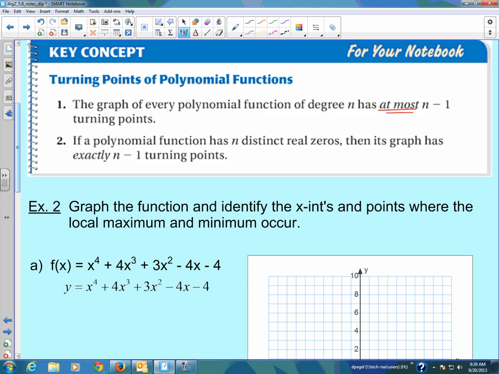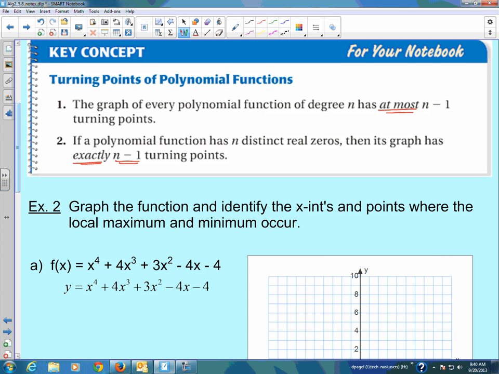Condition number 2: if a polynomial function has n distinct real zeros, so here we're talking about a 4th degree polynomial, and each of those zeros were real and they were different, so for example, if I had a zero of -1, 0, and so on, then it has exactly n minus 1 turning points.